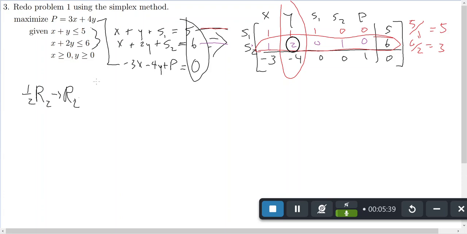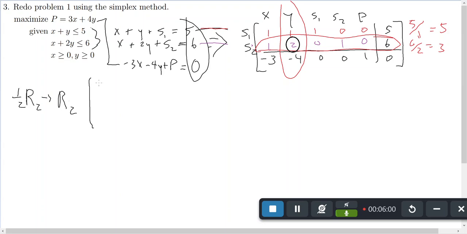And so then what we get is fairly simple. We just have to copy everything down. We're going to copy everything else down, but we're going to do an operation to row 2.